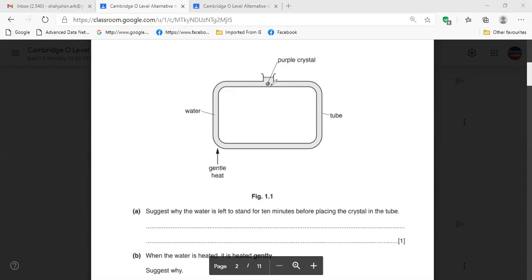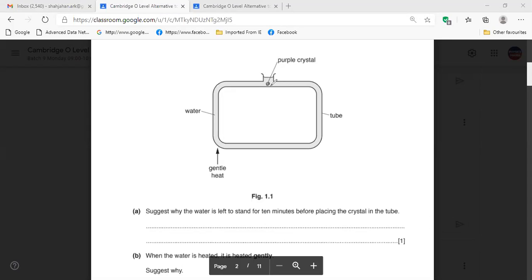So that will affect our convection process, isn't it? So that we can have the water particle movement only for convection, not for any vibration or shaking. That one we need.